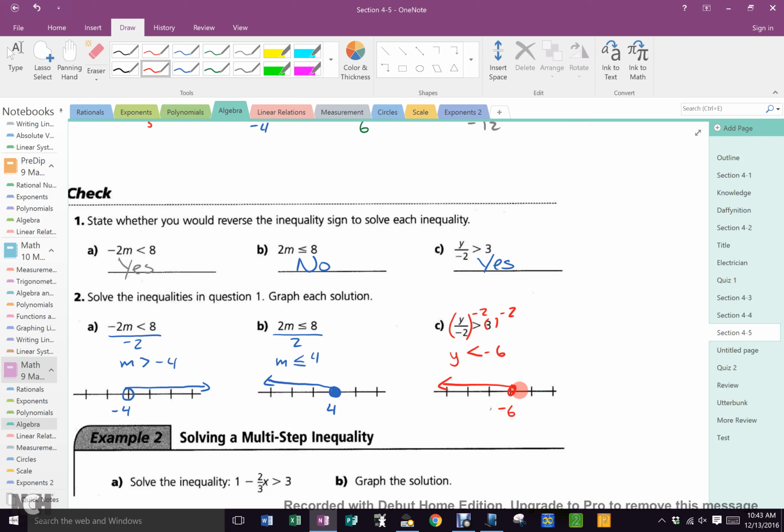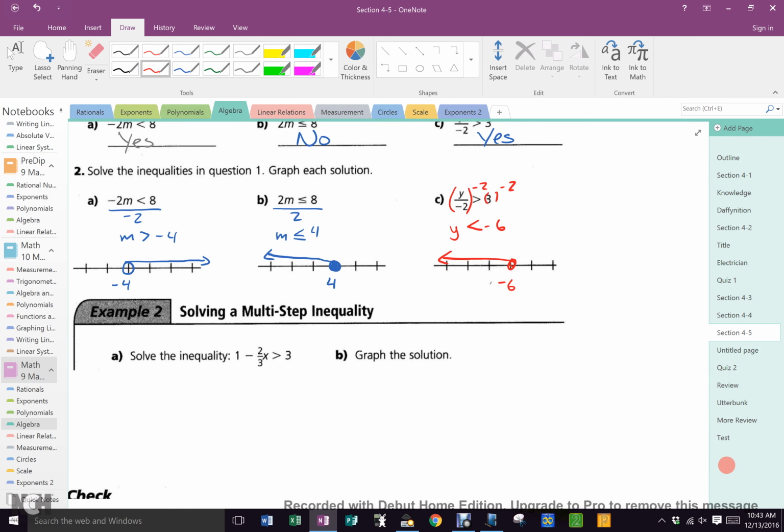Okay. Now, if there is more than one step, do you think the rules change? No, of course not. When there was more than one step in a regular equation, did the rules change? No. We are still trying to get the letter by itself. So here we have a more than one step equation, yes?